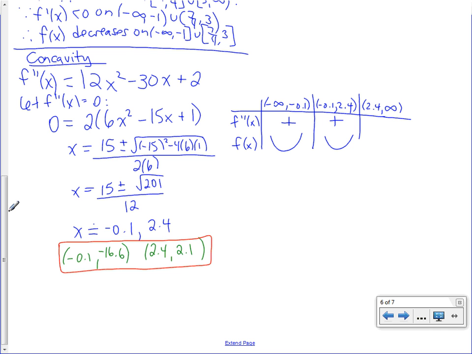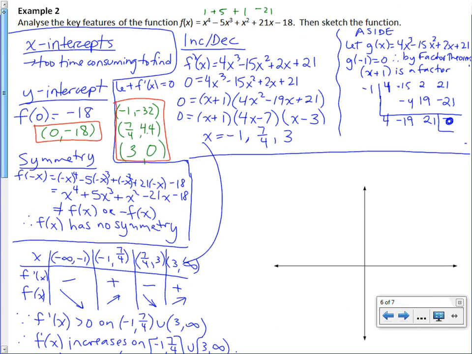There's no way you can draw this without changing the concavity. Agreed? Oh, if you do the, no, you're right. Okay, maybe. Yeah, maybe. Okay, let's check.